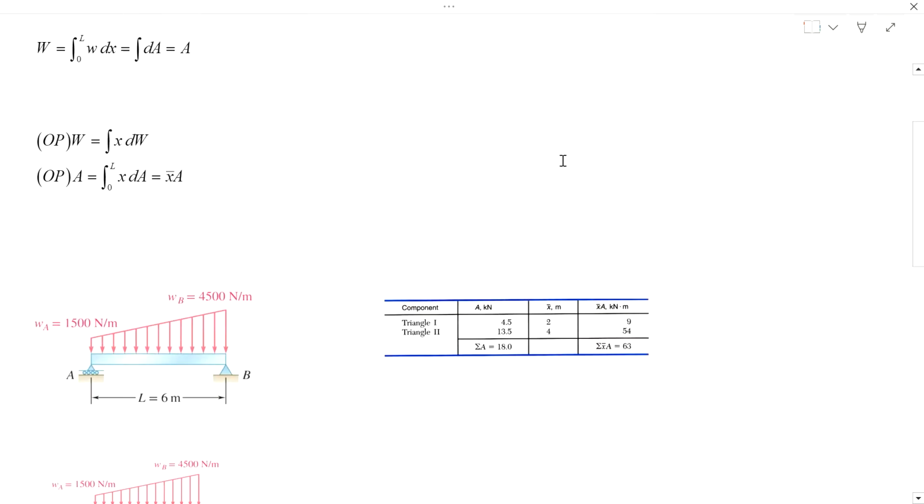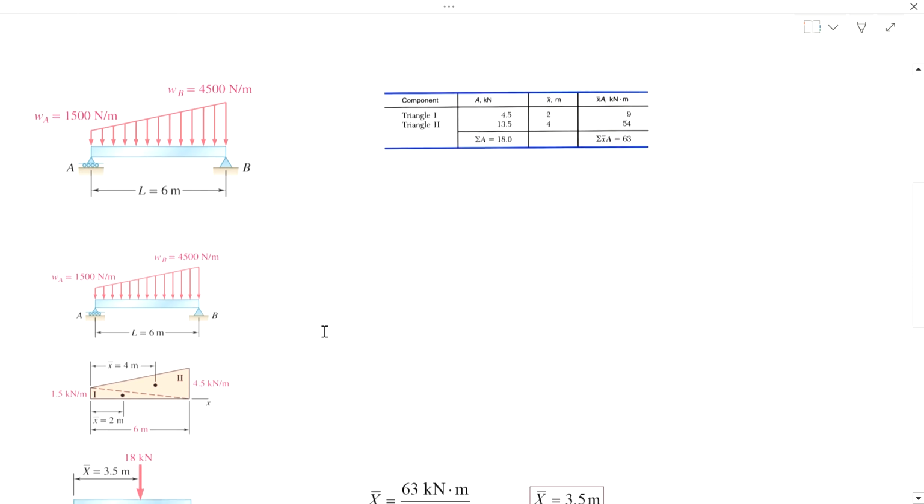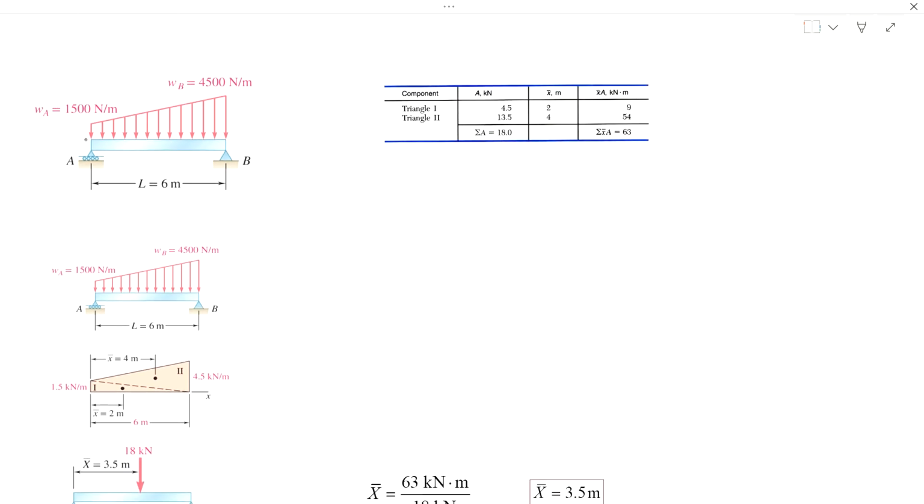Now let's look at an example to understand what we mean. In this case, we have an example where they give us a distributed load of 15 newtons per meter.